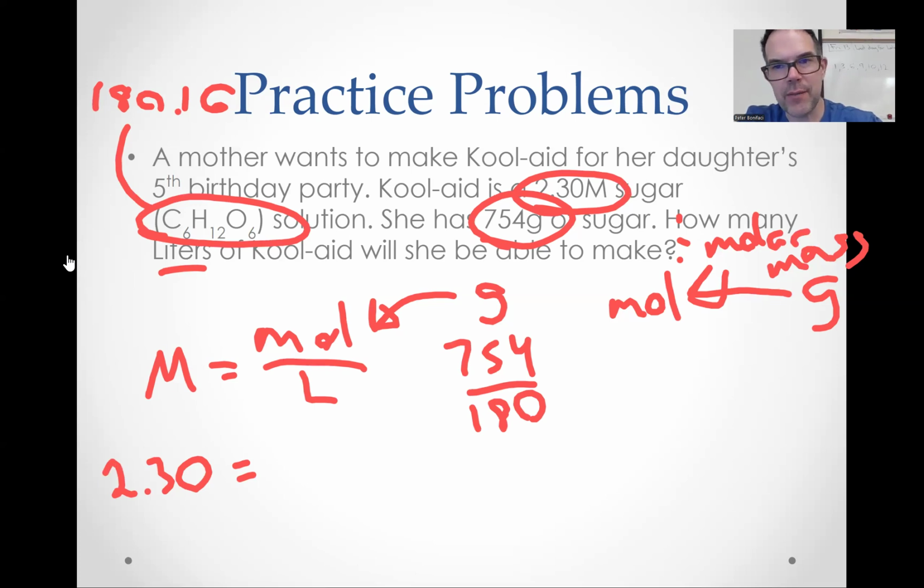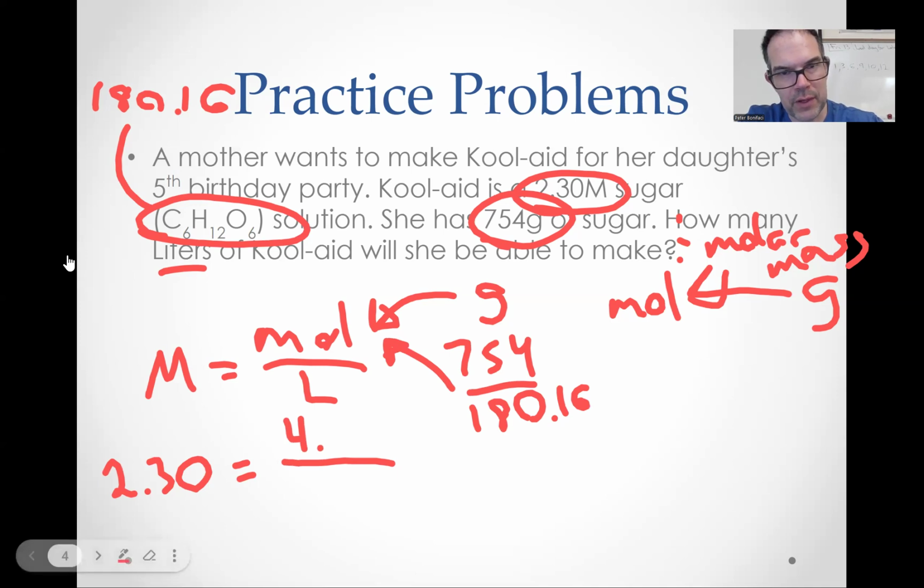You can add 0.16 if you want or not. That will get you to moles. Once you run that through, the number I got for moles was 4.17. 4.17 moles.